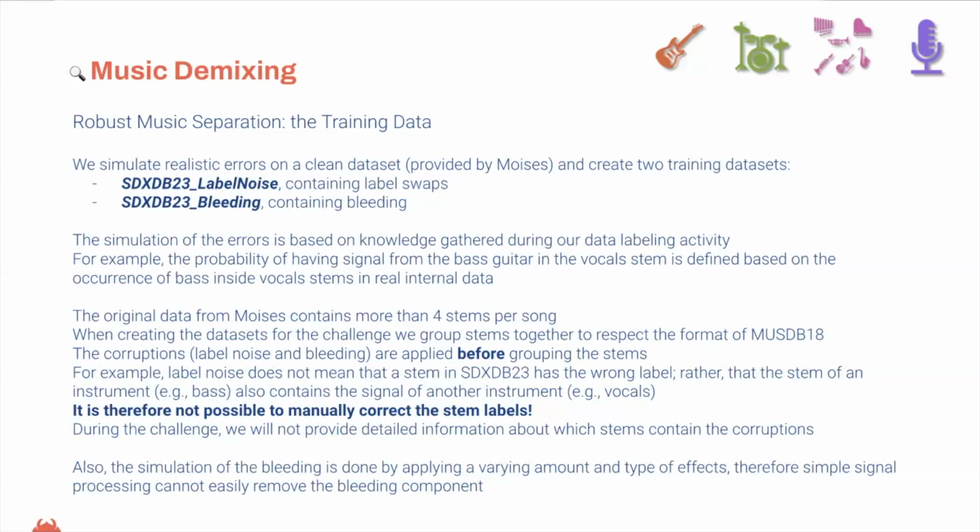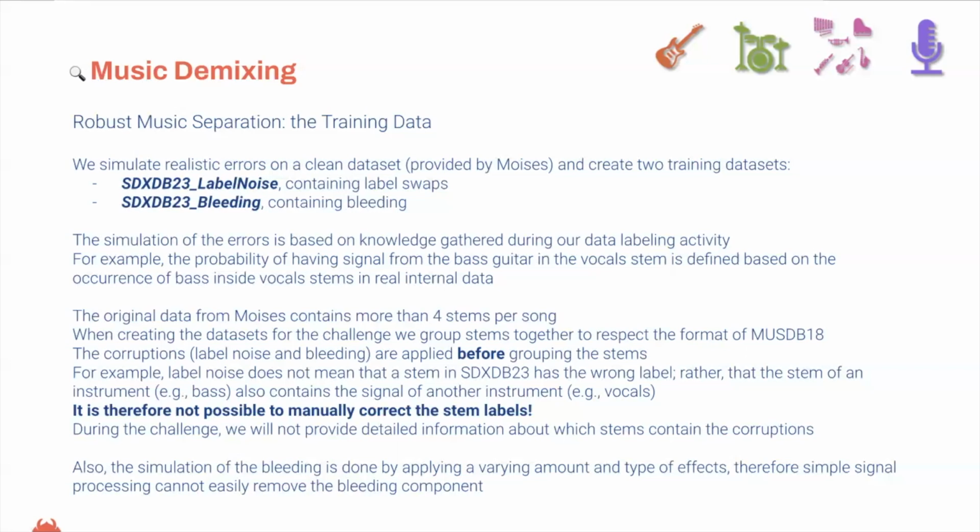So by going through this data, we collected some statistics over the occurrence of these errors, depending on, for example, which instrument identity that is. And we therefore created probabilities that, given that there is an error, how that error is going to be. For example, the probability of having signal from the bass guitar in the vocal stems, right? That has a higher or lower probability than finding signal from the drums in the vocal stem.